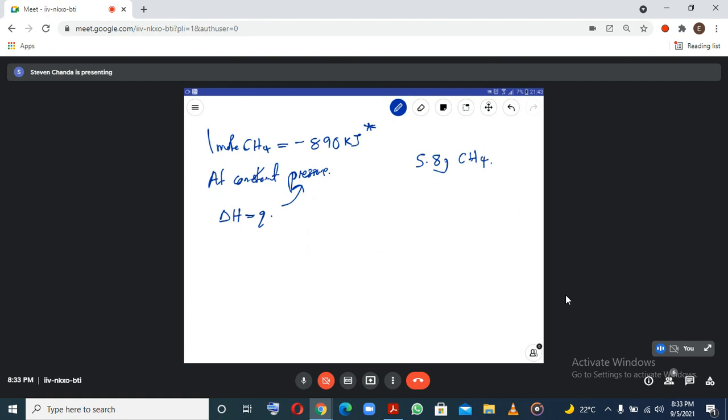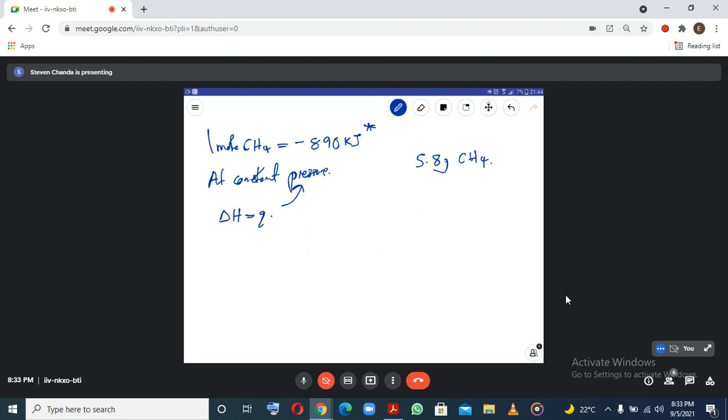We want to find the number of moles of methane in that mass, and then relate the amount of heat released from one mole to the amount of heat released from the moles we calculate. And once we've got our heat, that's going to be our enthalpy change. Okay, so that's not too complex now, right?